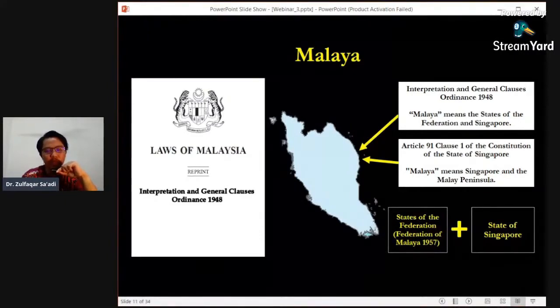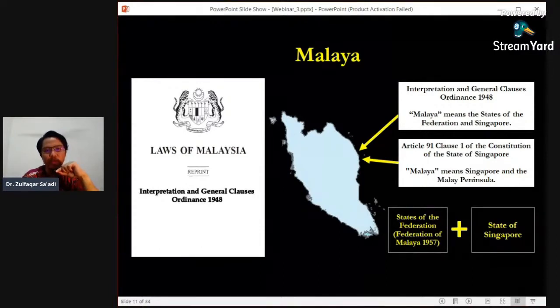During the time they colonized the Federation of Malaya and colonized Singapore, they separated these territories. So they felt obligated to merge back all these people and territories, because they thought they made a mistake when they separated Singapore from the rest of the Federation of Malaya.